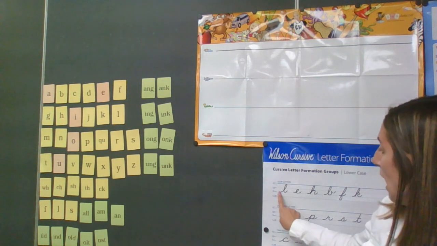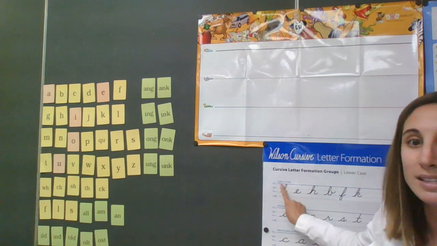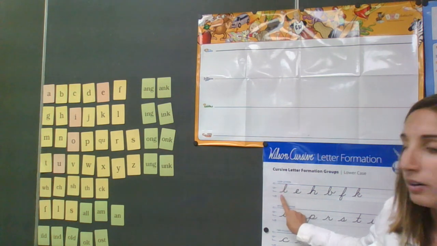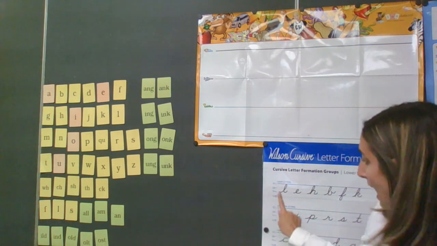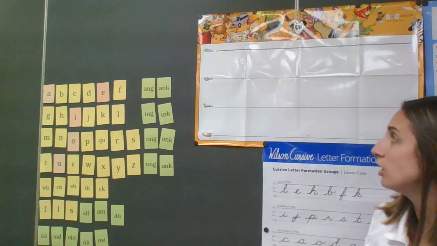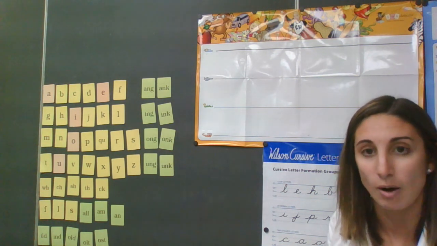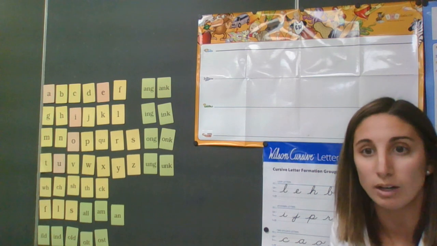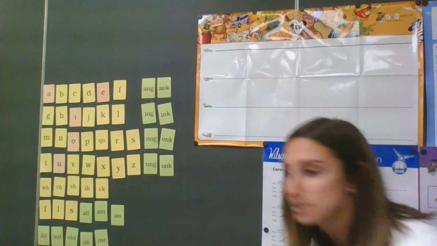You'll notice there is a loop in it. That's why it's in the loop letter row. We'll get to these other loop letters later. But today we're just going to focus on creating that lowercase letter L. So if you can get your pencil, pause the video if you need to, and then join me back with paper and pencil to practice.